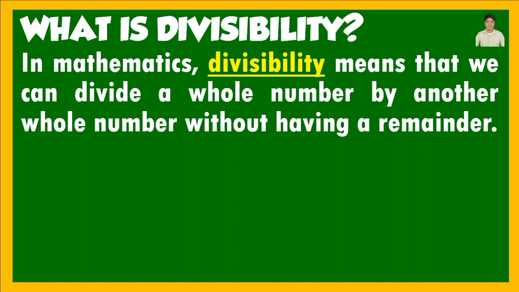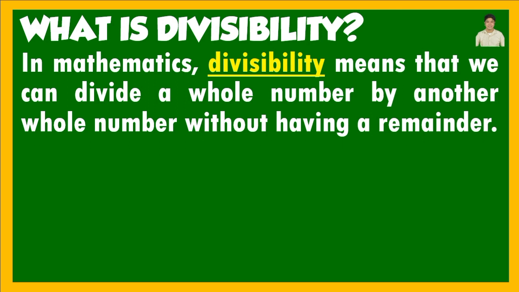For you to understand what is divisibility, ano nga ba yung without remainder na yan? Like for example, if you have 20 pesos and the 20 pesos will be divided into 2 because you will be giving these children an equal amount of money.